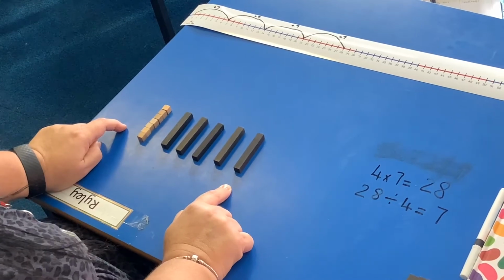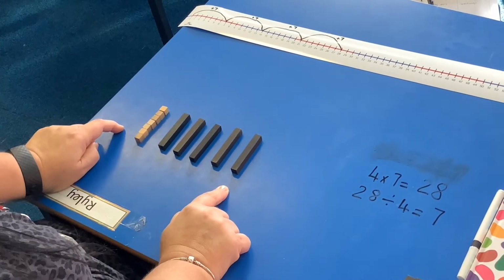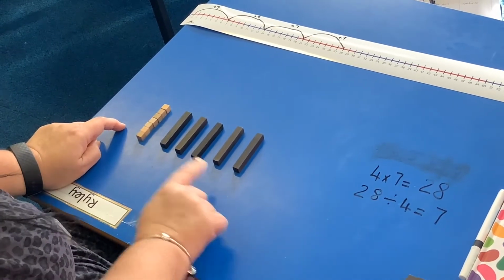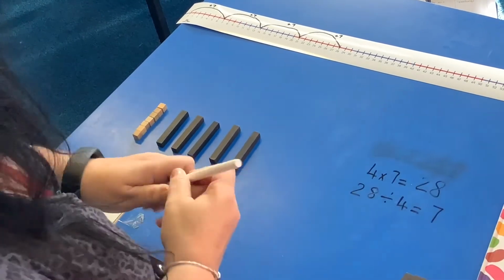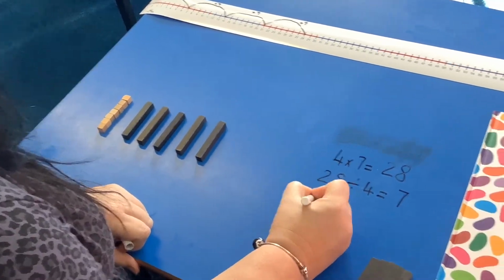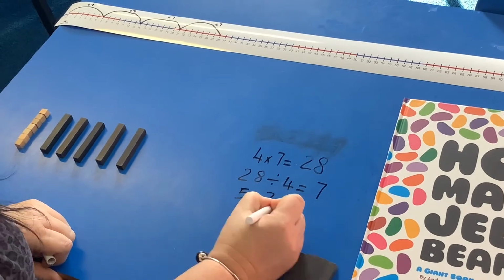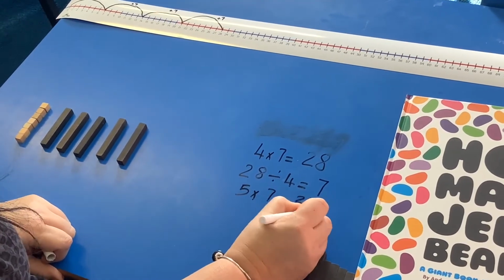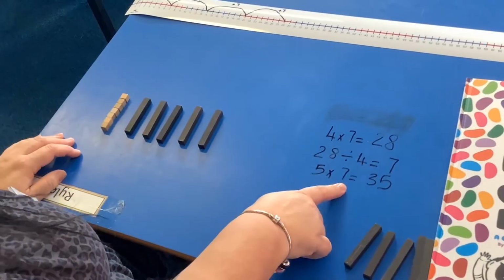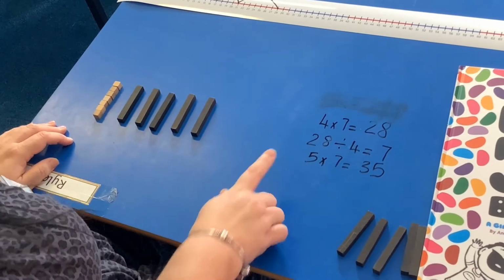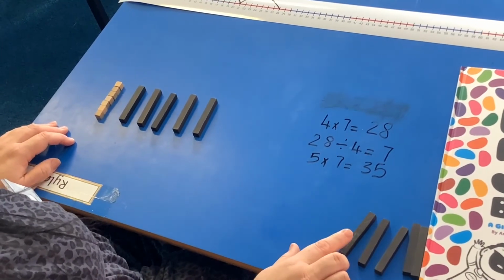Those numbers can be swapped around when we're multiplying and be in any order. So we can know now that 5 times 7 equals 35, because hopefully we already know our 5 times table.